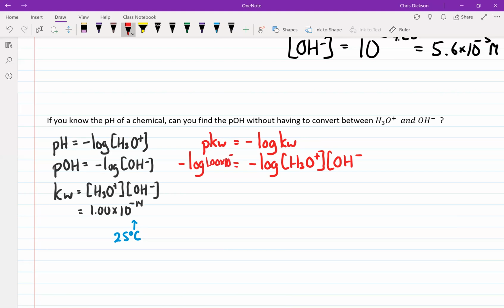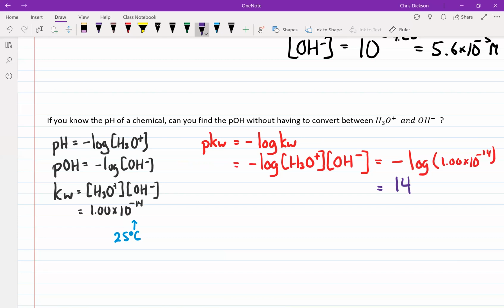So that's the negative log of 1.00 times 10 to the negative 14. Okay, so we're going to do a little bit of math. Now, if I take the negative log of 1.00 times 10 to the minus 14, if I use my calculator or just my math skills, I will get 14.